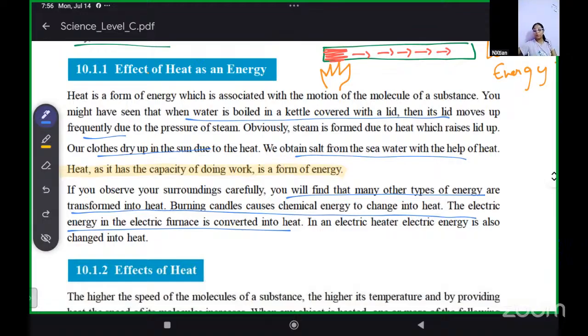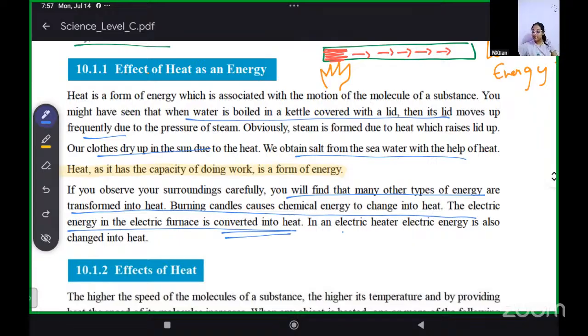Similarly, when an electric furnace is turned on, it works on electric energy, and it gets heated up. The electric energy is converted to heat because heat is produced in it.